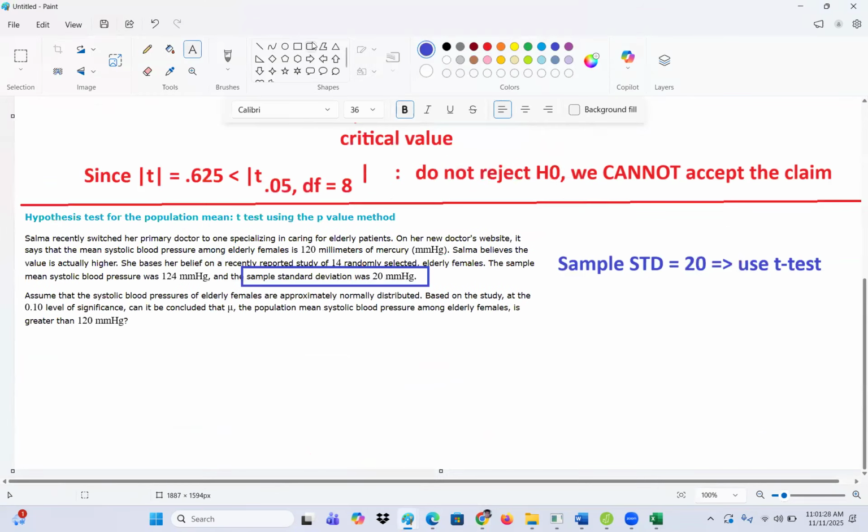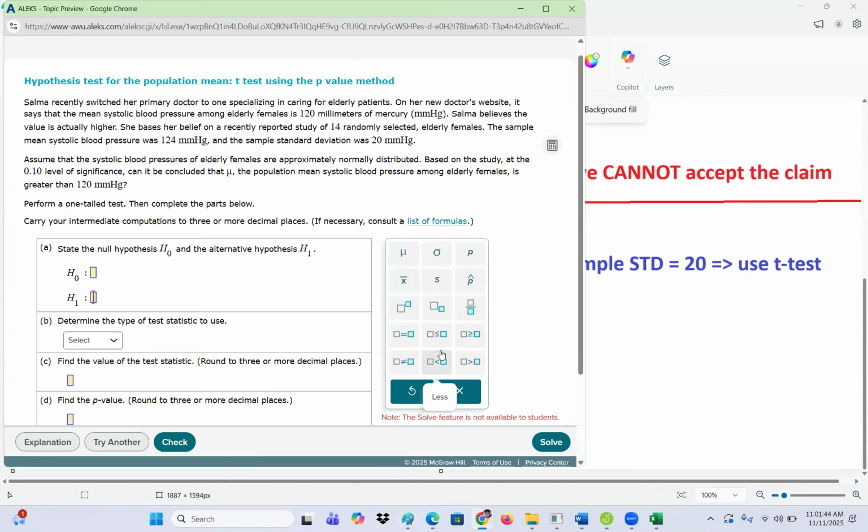So it's greater than 120. So that's the keyword. So it's basically a right tail test. Okay. So now we can simply do greater than. So the mean was greater than 120. On top of that, just set equal to 120. And then this is gonna be a t-test.